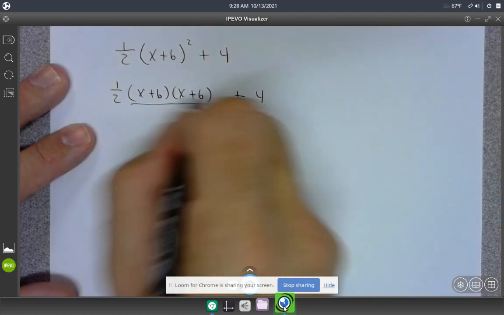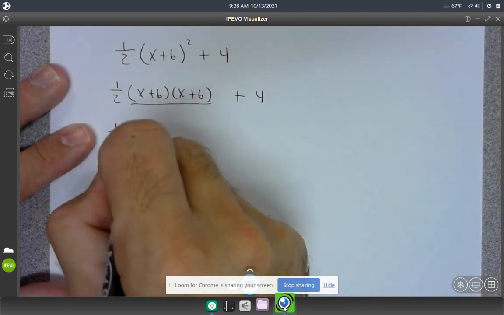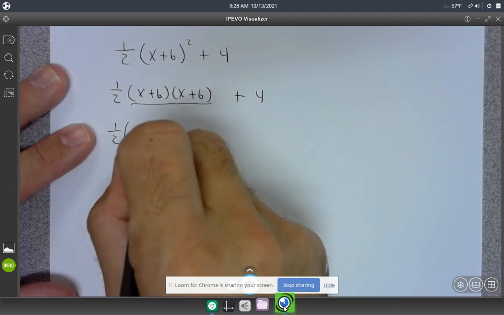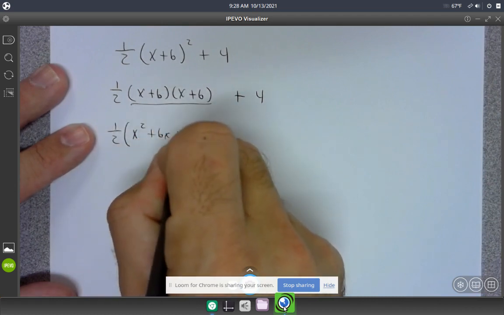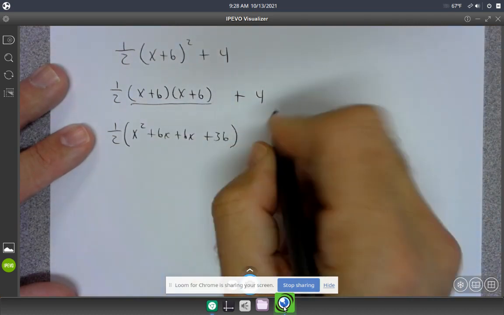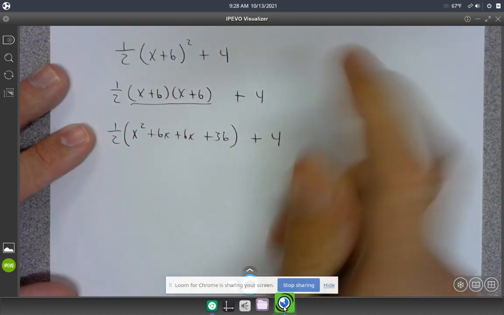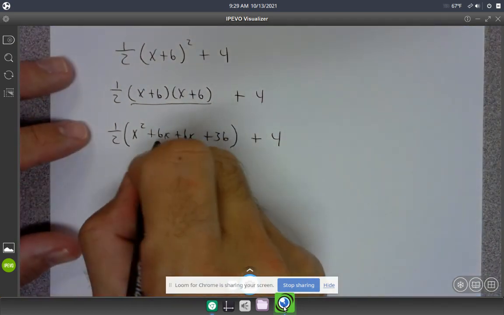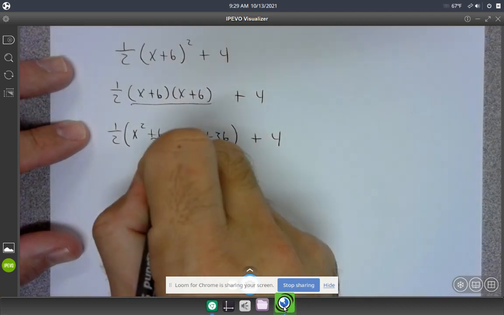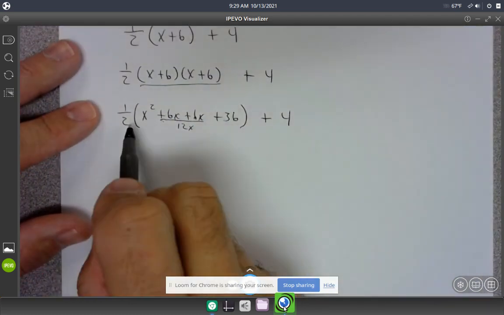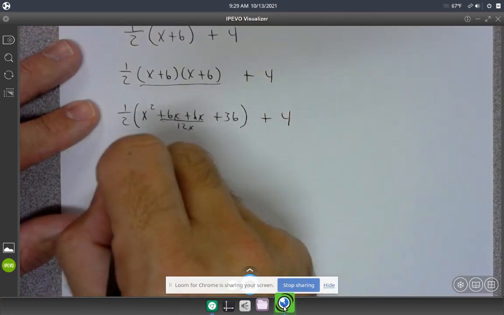All right. I'll do 1/2 times whatever this answer comes out to be, which is x squared, a 6x, another 6x, and a 36 again. And that 4 is on the outside of the parentheses still. These two are going to give me a 12x, but now I can go ahead and distribute my 1/2 in.